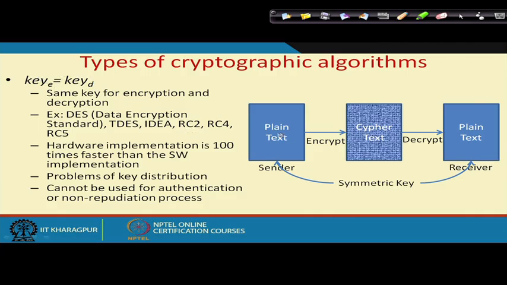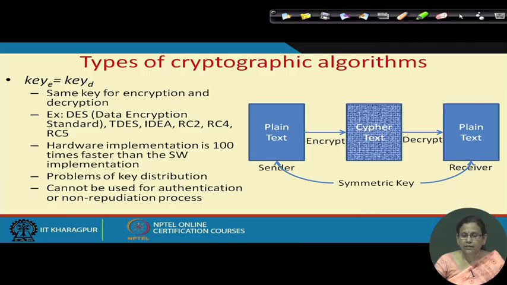So, what happens when this particular key is known to both the sender as well as the receiver. When the plain text along with the symmetric key goes through some encryption algorithm, you generate the cipher text. That cipher text is sent over the internet to the receiver, who then uses this same key to decrypt it.